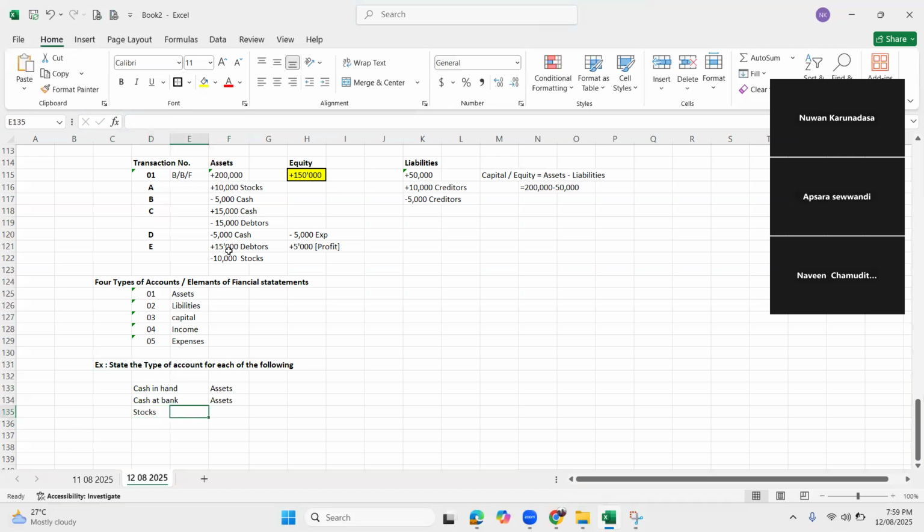Assets. Very good. Bank loan. Liabilities. Very good. Then owner's investment. Capital. Very good. Then debtors. Assets.